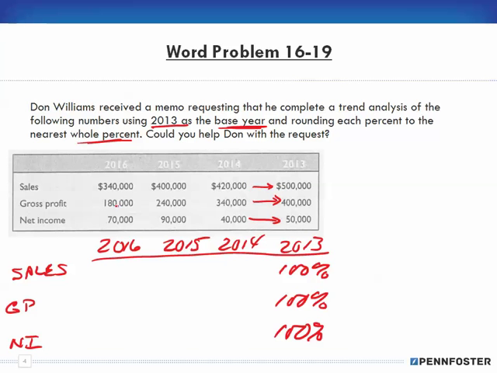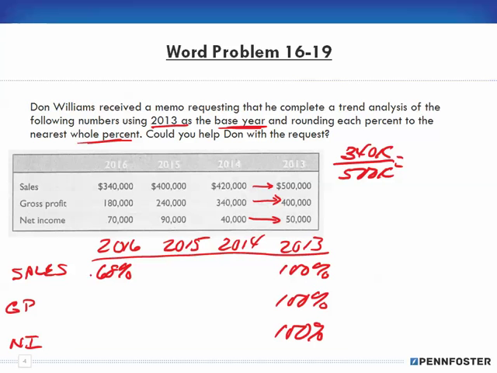And then the same thing with my gross profit, 180 by 400, 240 by 400, 340 by 400, and of course the net income. So here's 340,000 divided by 500,000. And remember, we're rounding to the nearest whole percent. So that's 340 divided by 500, and I get 68%.